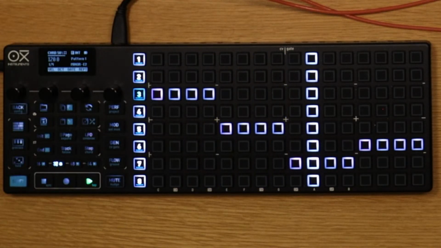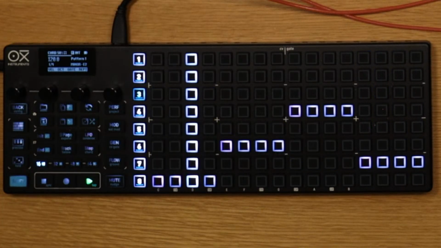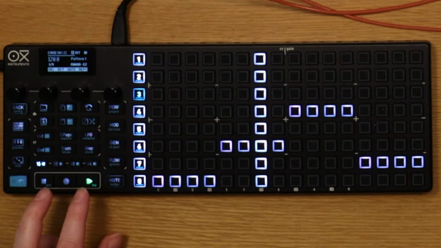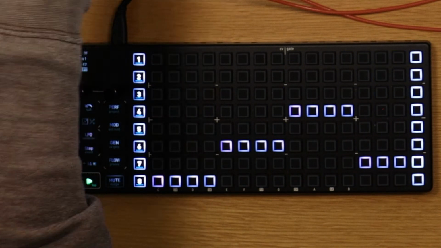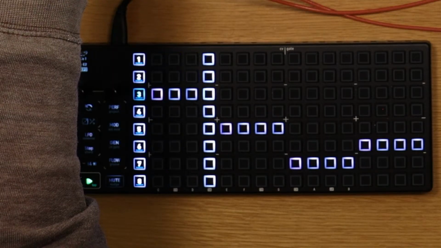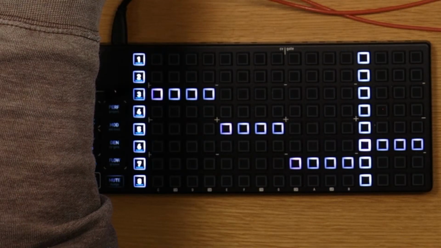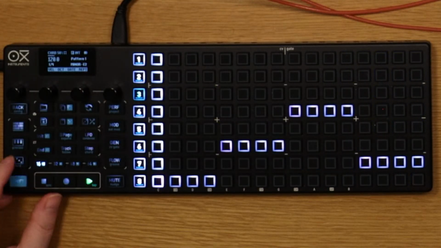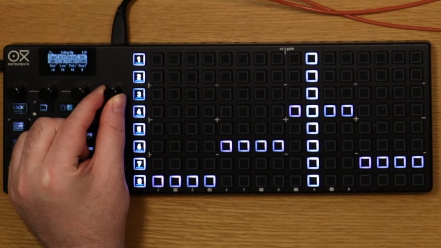Well, this is always the chance of doing something on the fly, not knowing how it's going to end up. Let's try changing the arpeggiator to be slower.